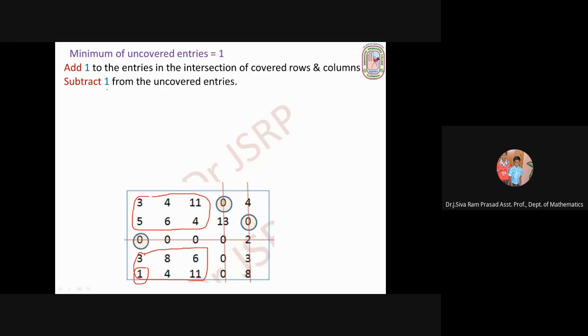Subtract 1 from uncovered entries, and add 1 to the entries in the intersection of covered rows and columns.